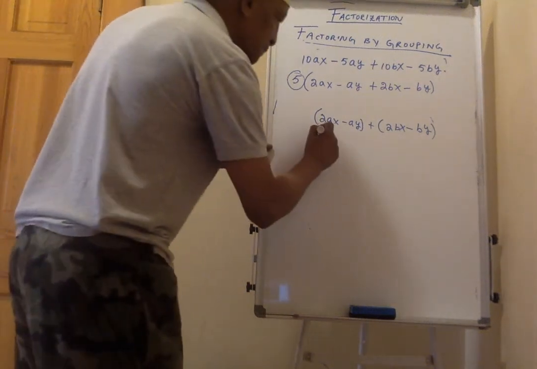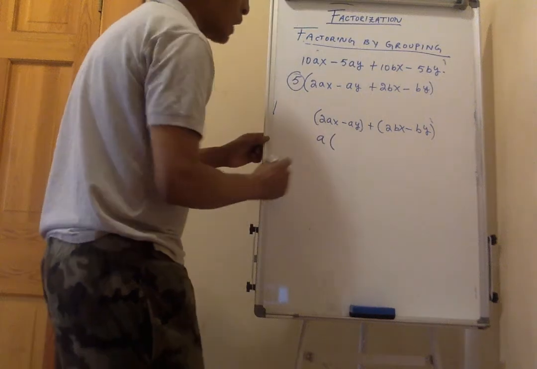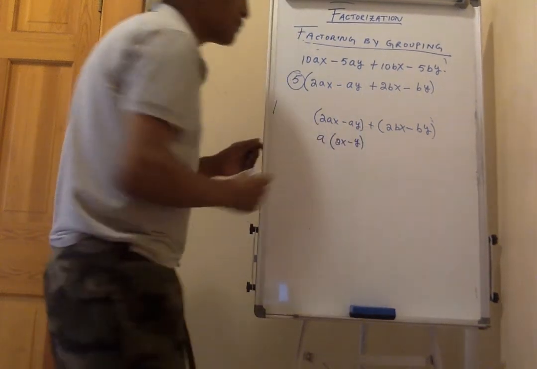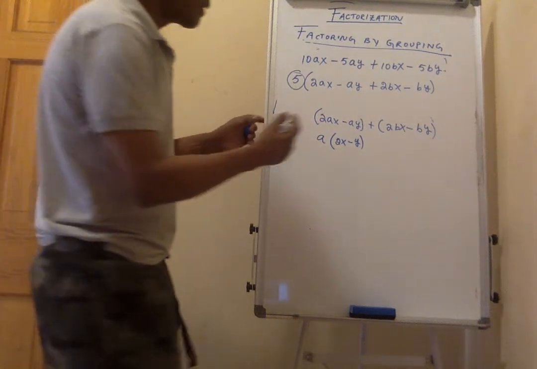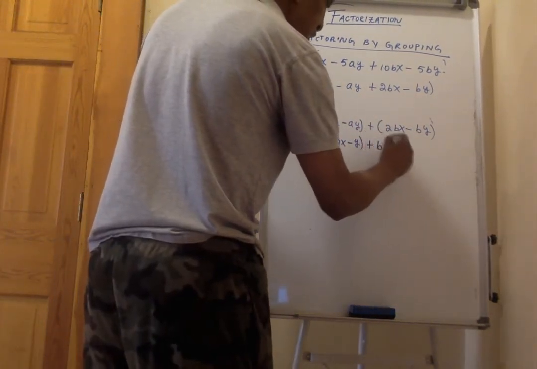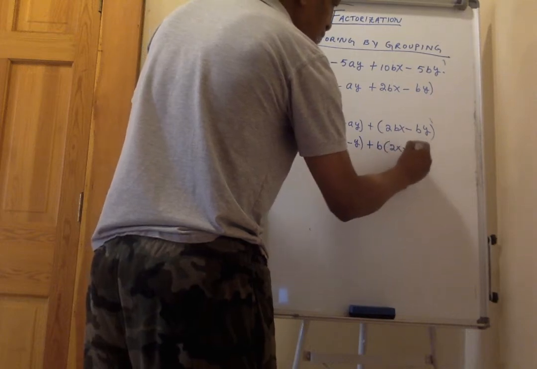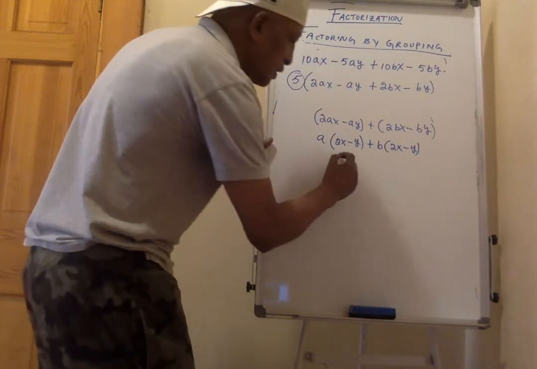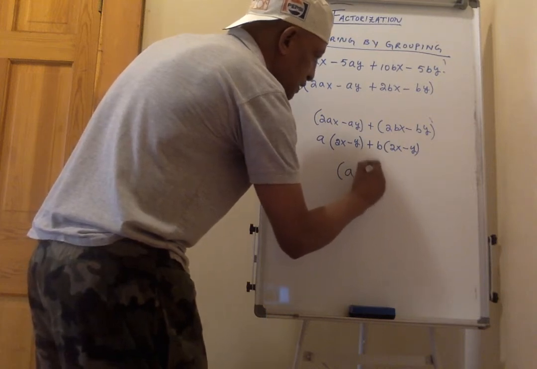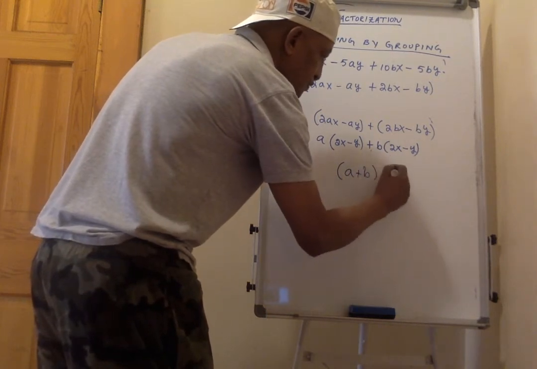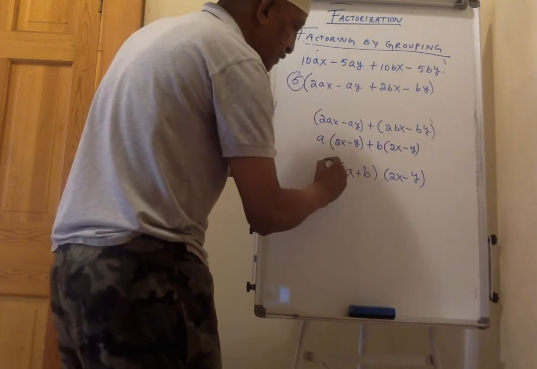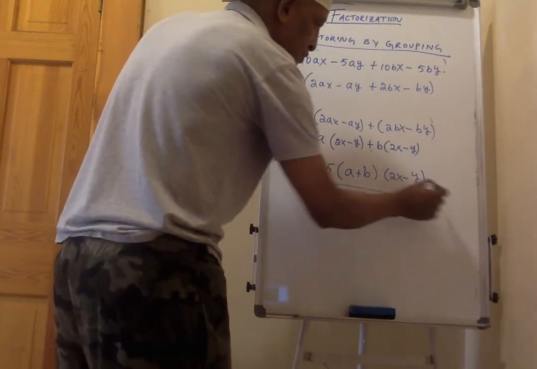It is a, and what is left is 2x minus y. Do the same thing for 2bx and by. You have b, and then 2x minus y. So your factors would be a plus b, and then 2x minus y. But don't forget 5, and you are done.